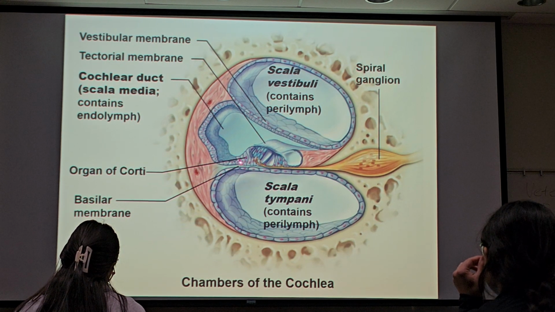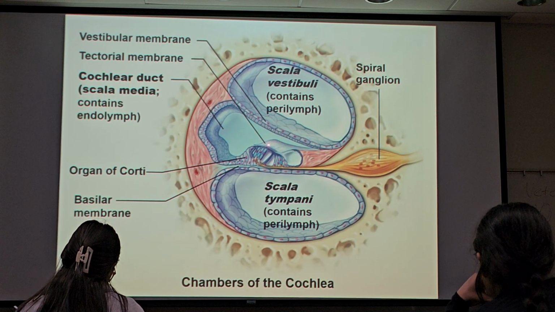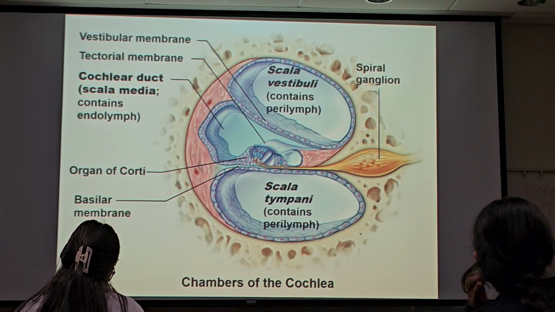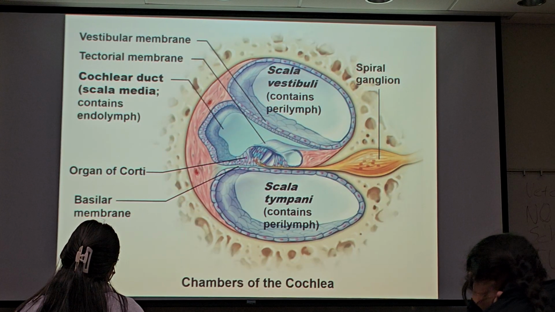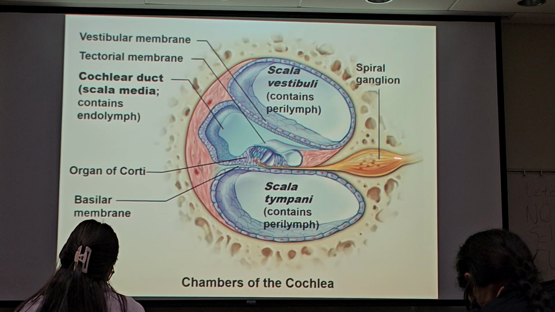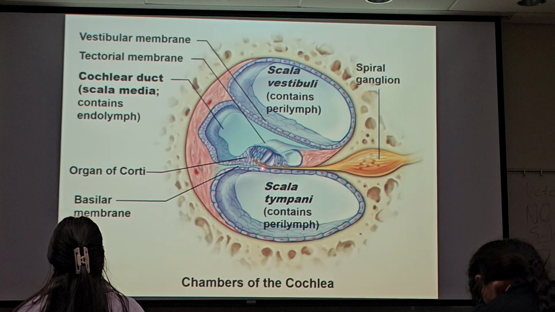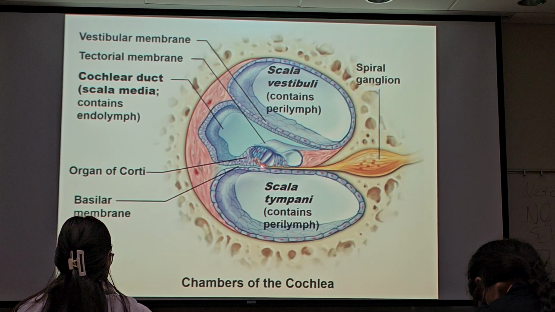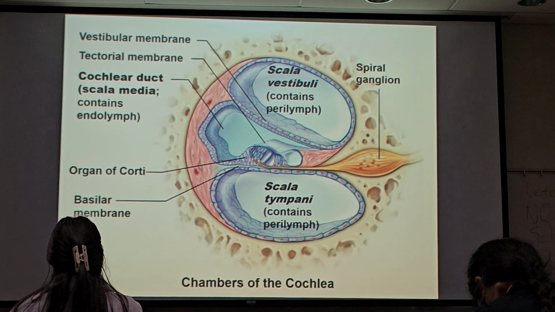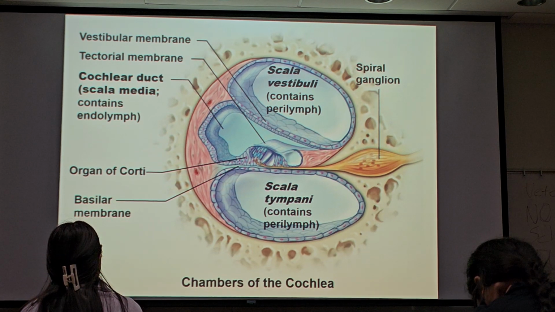Sitting on top of the basilar membrane is the organ of Corti. We're going to have hair cells, stereocilia and kinocilia, doing their thing when stuff happens. And we have branches coming from the vestibulocochlear nerve, right here, ready to get some neurotransmitter from those hair cells.